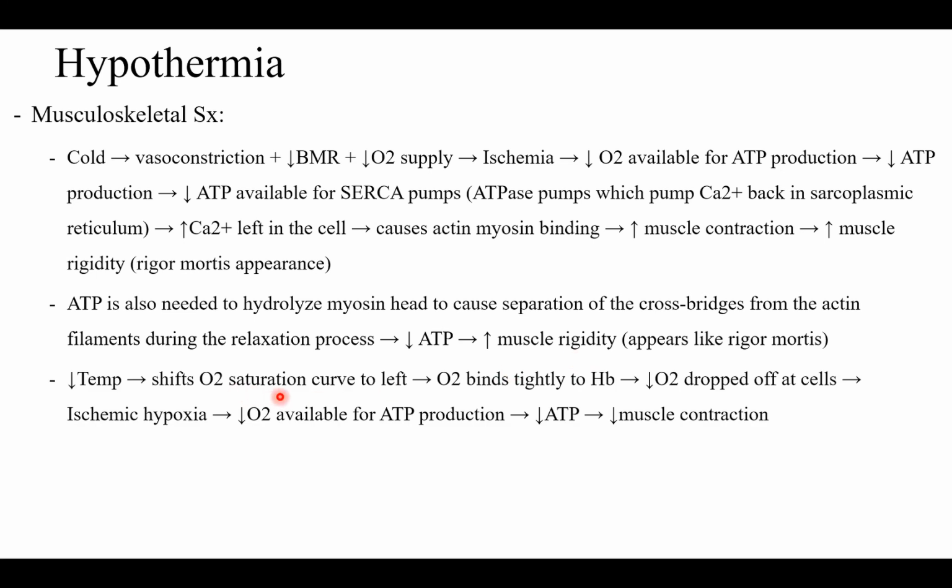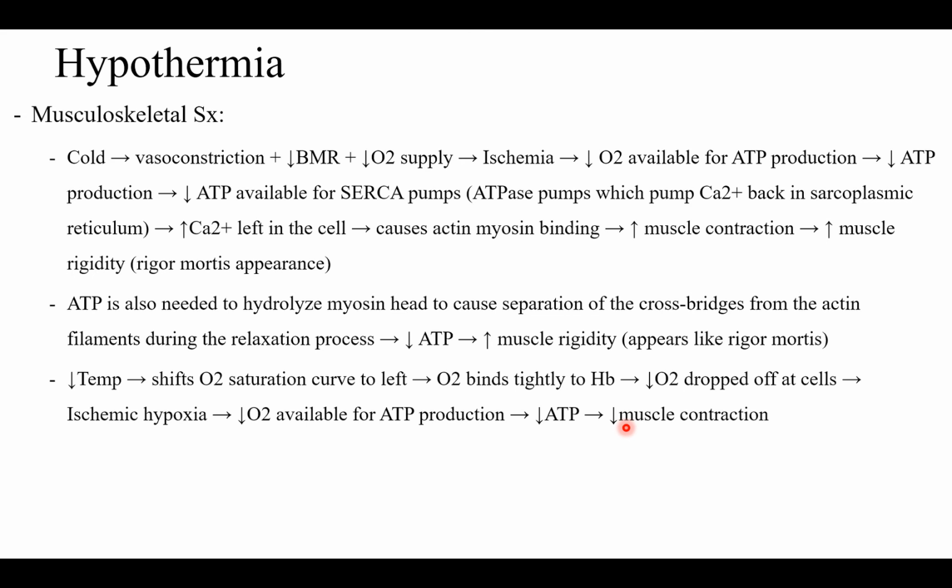As we already mentioned, decreased temperature increases the affinity of oxygen binding to hemoglobin. You have less oxygen dropped off at the muscle cells. You have decreased O2 available for ATP production. Decreased ATP causes decreased muscle contraction as well. Basically, as your temperature is going down, you have less muscle contraction, and you have 50% decreased activity of muscles.